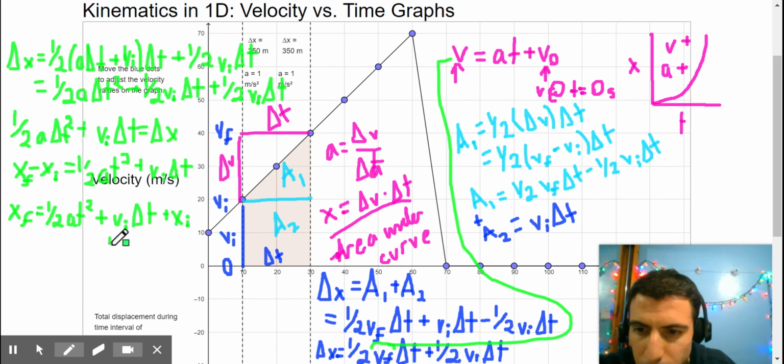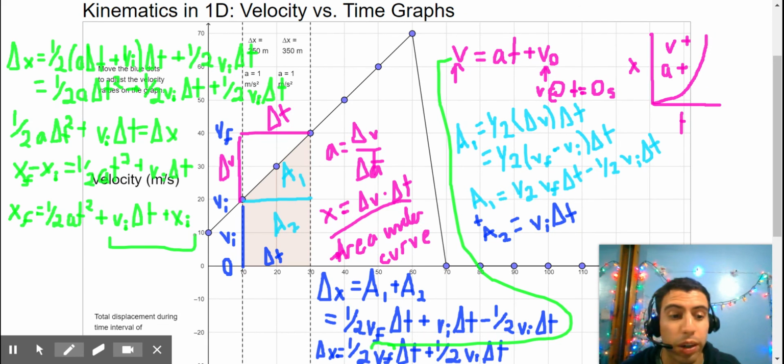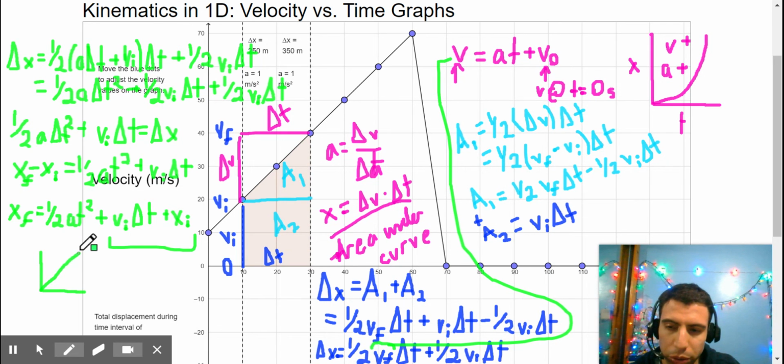You notice that this term is actually the same. It's something we saw before when we were looking at displacement graphs. It's just that the acceleration was involved. In other words, that equation wasn't complete until we had an acceleration involved. But when our x versus t graphs were linear, consider our acceleration was 0, so that term didn't really matter. Now that it does matter, we have the full thing.